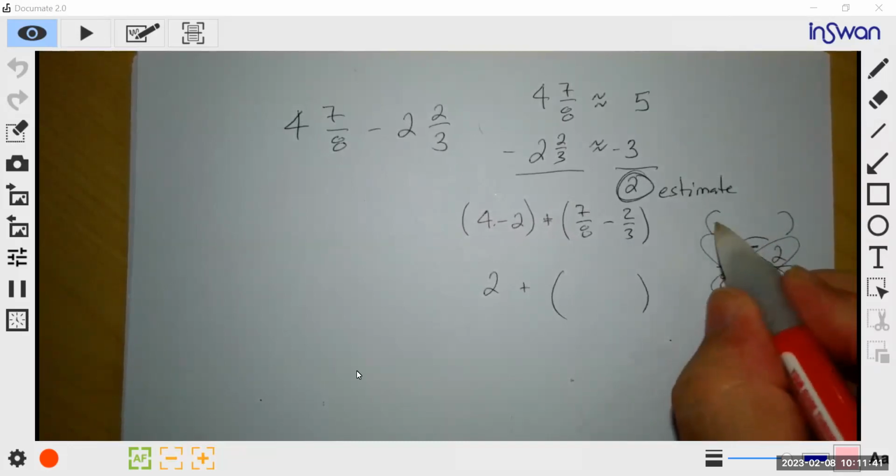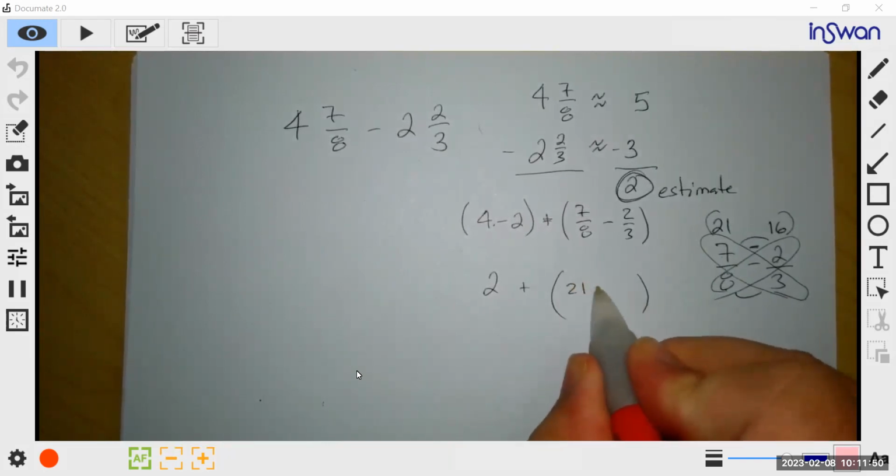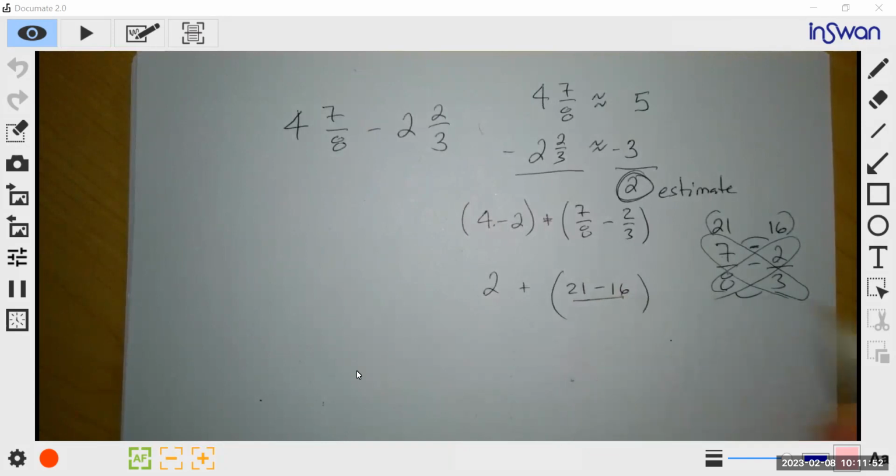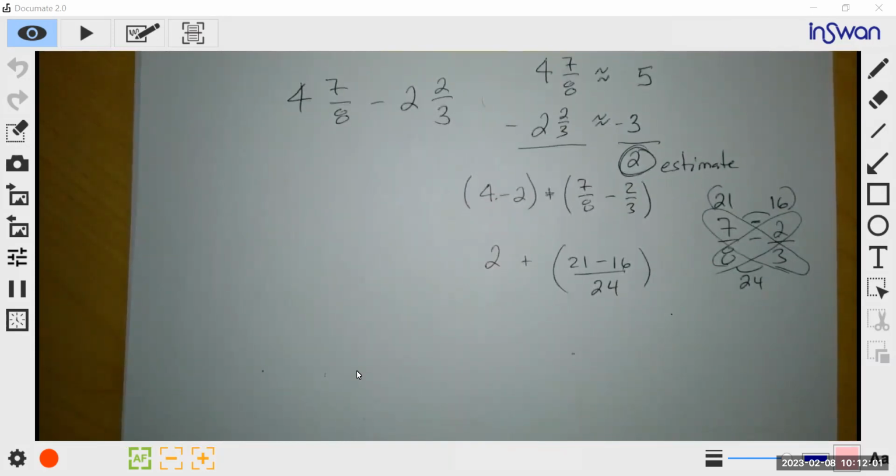So 3 times 7 is 21. 8 times 2 is 16. So it's 21 minus 16. 8 times 3 is 24. 21 minus 16 is 5.